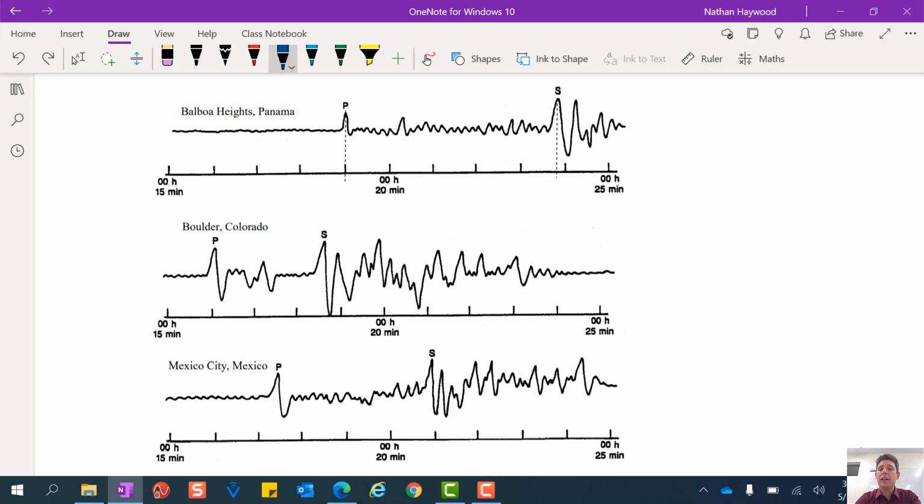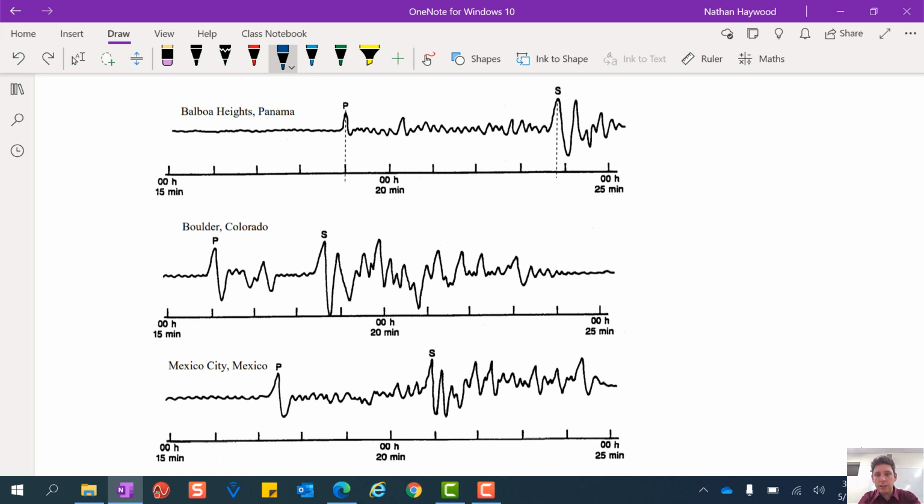Now, to find the location of the earthquake, the first step is to find the difference in time between the S and the P wave.